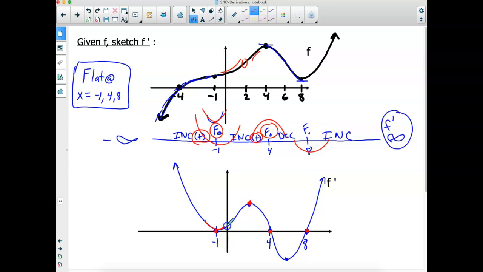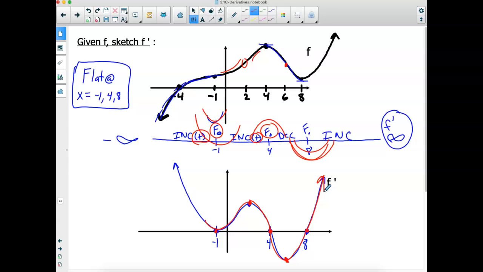So I'm increasing, and then I'm still increasing, but not quite as much, and I come back to my flat. And then on the other side, I decrease, and then I increase. That should show me this somewhere in between there, and right in between, I've got a point of inflection at 6. And then I go off forever.